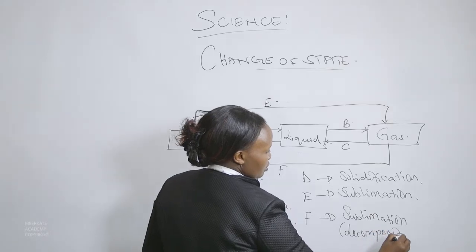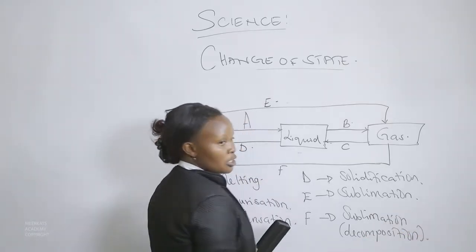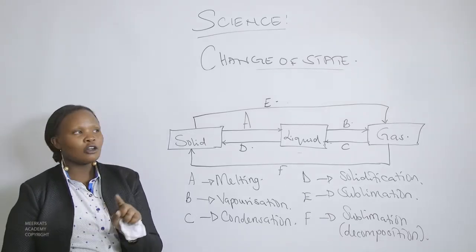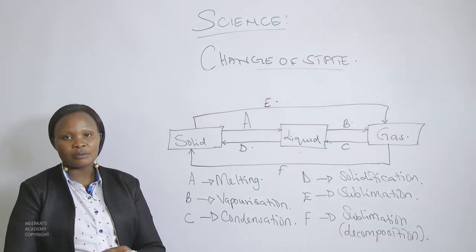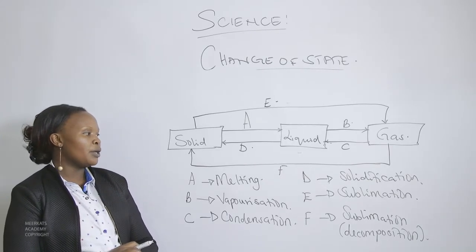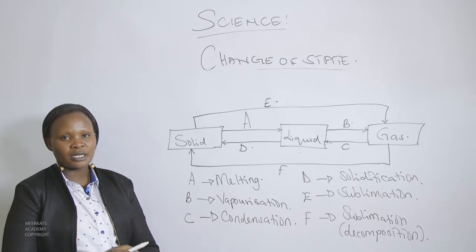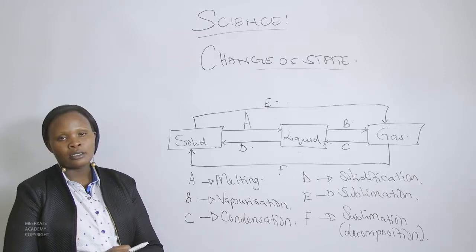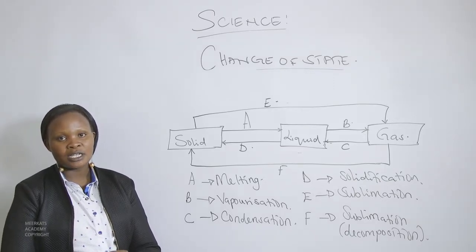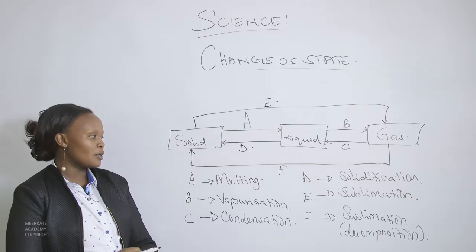Some literatures will call it decomposition. Now, based on whether heat is absorbed or released, we have 6 basic processes that could take place as far as states of matter is concerned.